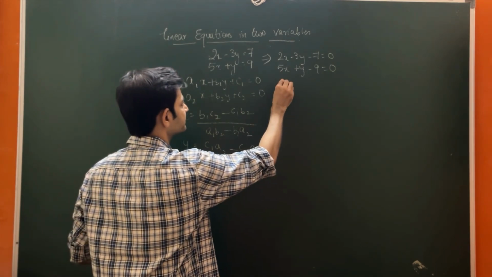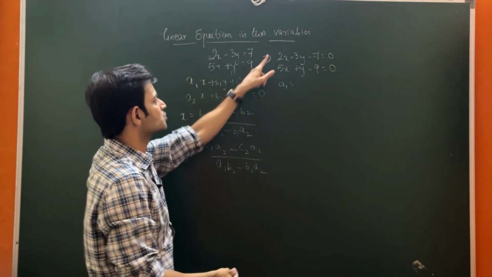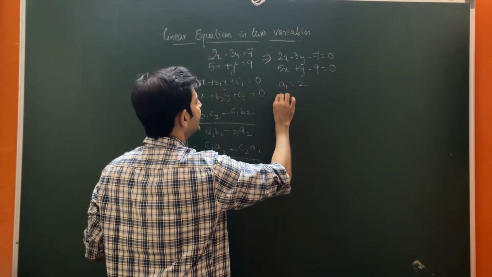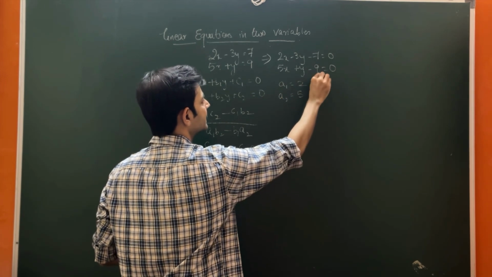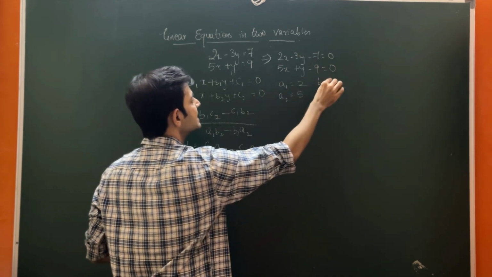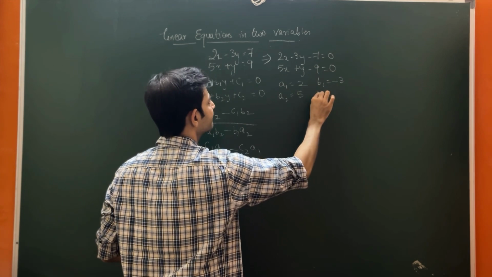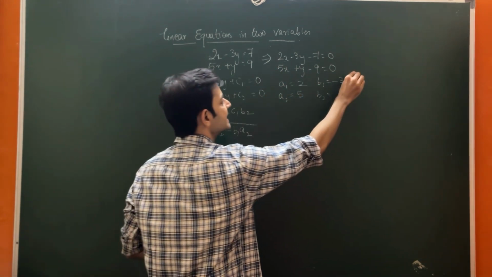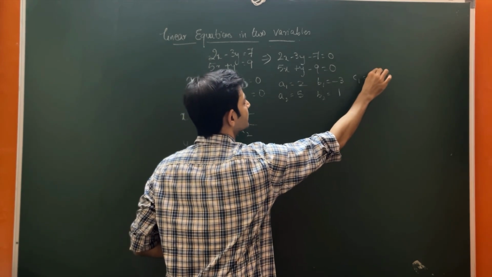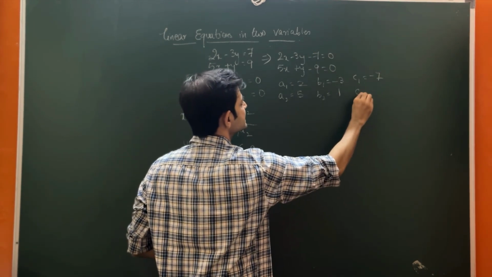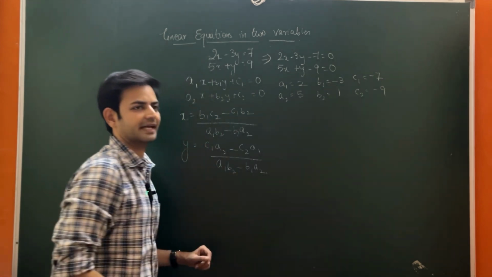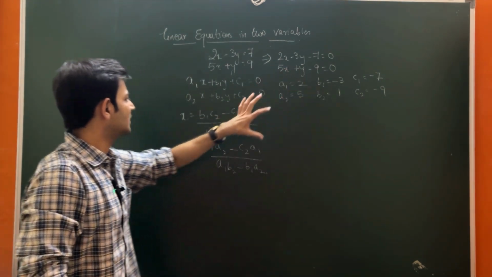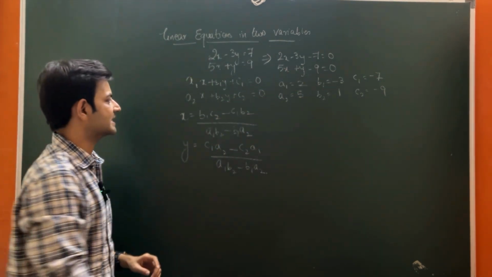So here A1 is equal to 2, A2 is equal to 5, B1 is equal to minus 3, B2 is equal to 1 because there is nothing here. It is 1. C1 is equal to minus 7 and C2 is equal to minus 9. We will just use these values here to solve the values of x and y.